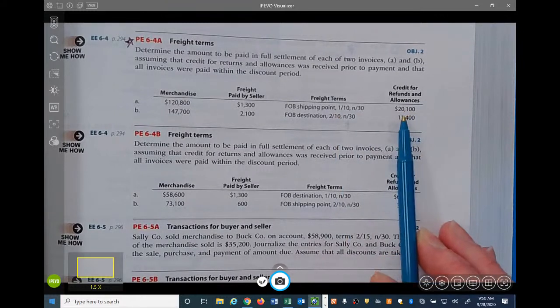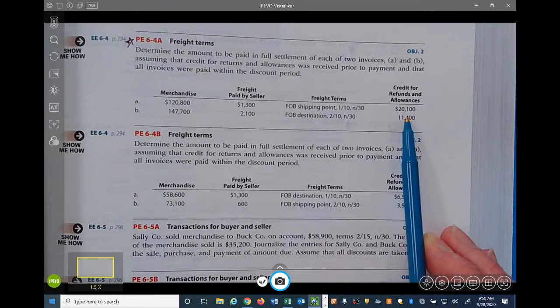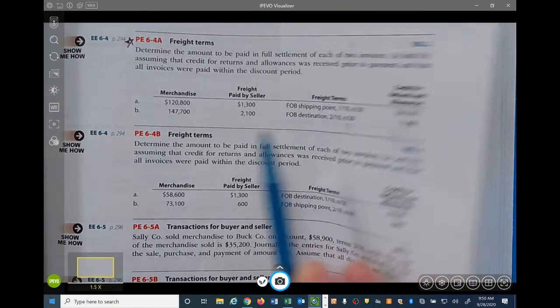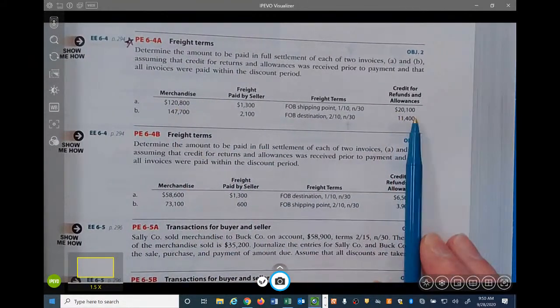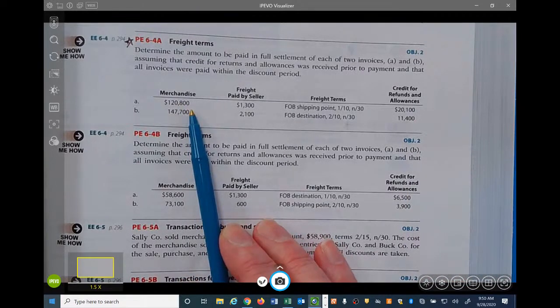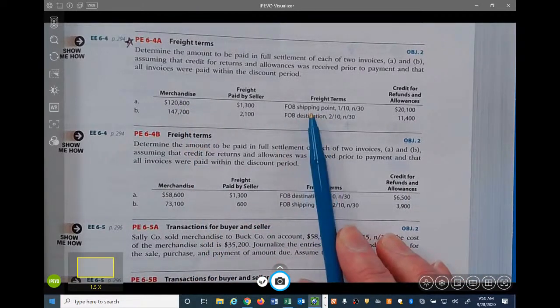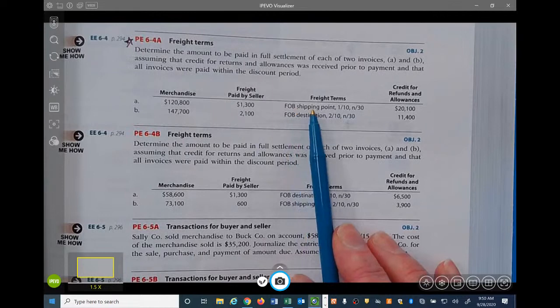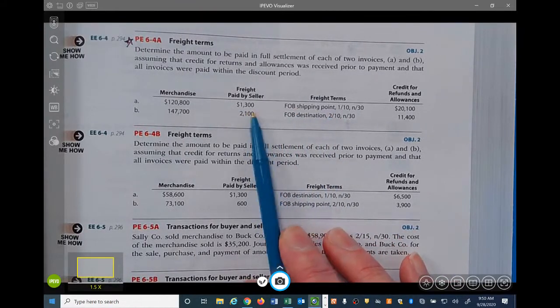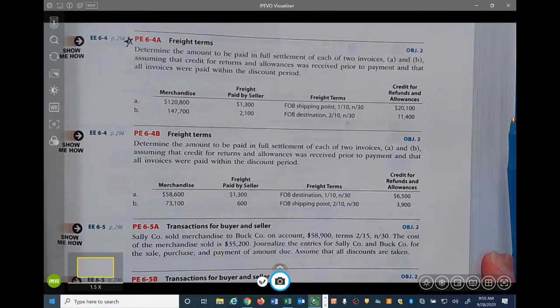Well, the allowance we also have to account for, right? We have to back that out, but we have to take away the discount out of that as well. So we're just applying the same process that we applied to the overall merchandise price to the allowance. We back that out from the merchandise cost. Then we have to add the price of the freight because it's FOB shipping point. So we have to add $1,300. Does that make sense to everybody?